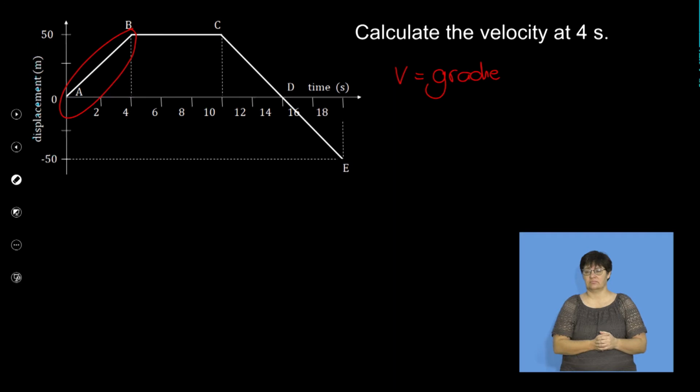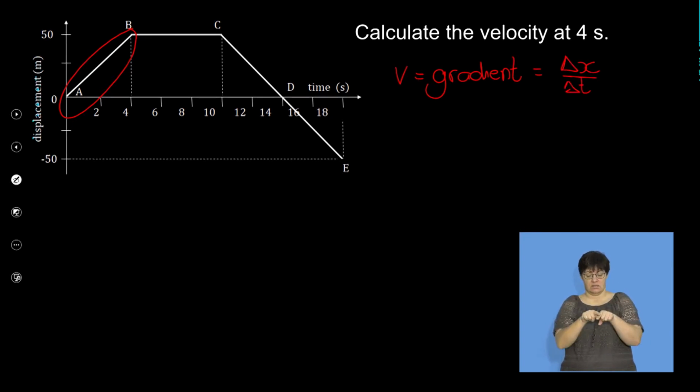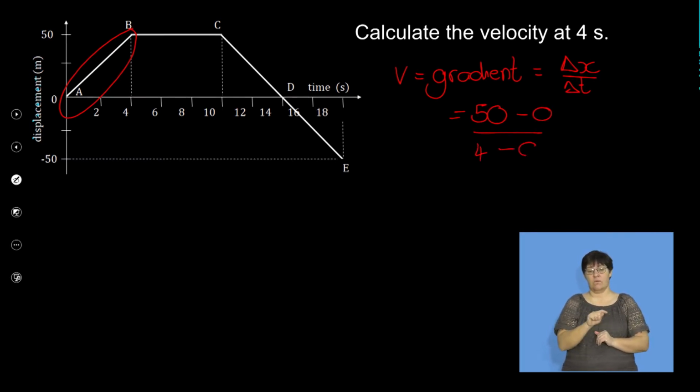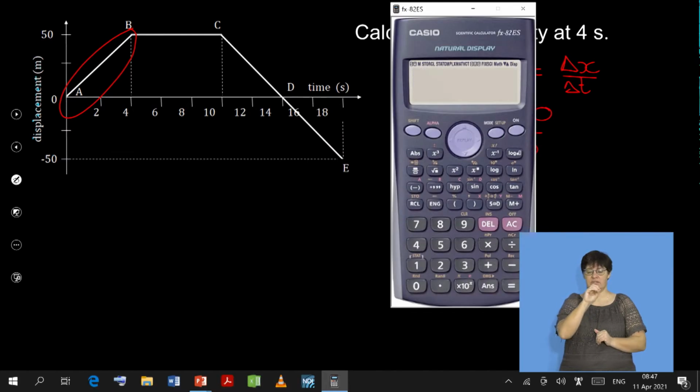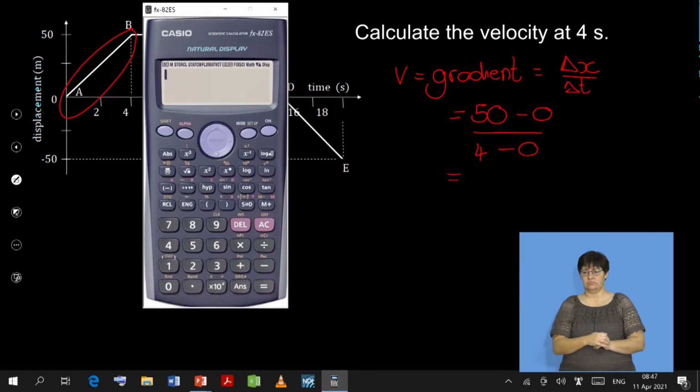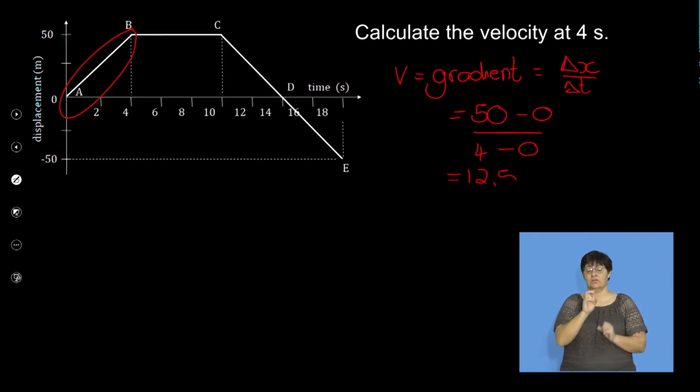There we go, gradient, which would be change in displacement over change in time. So the displacement is 50 minus 0 over 4 minus 0. So we've got 50 divided by 4, and of course, we take our calculators and we get 12.5, okay? So 12.5 meters per second. So that's using the graph.